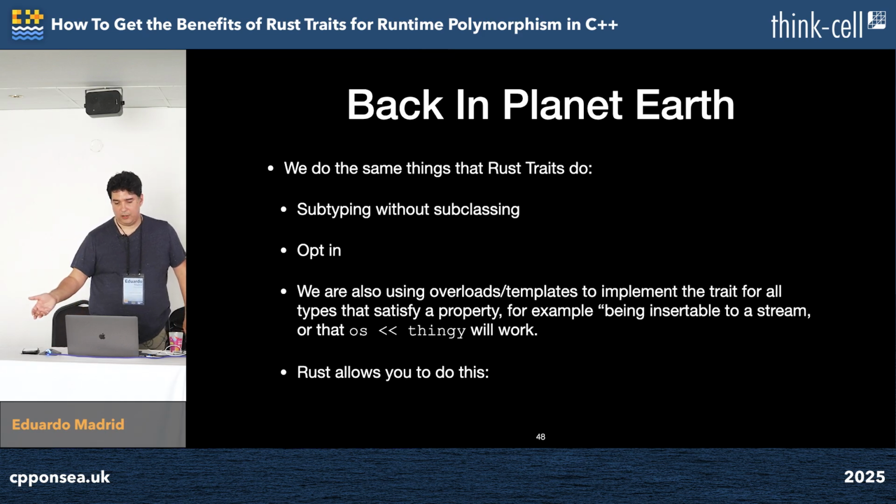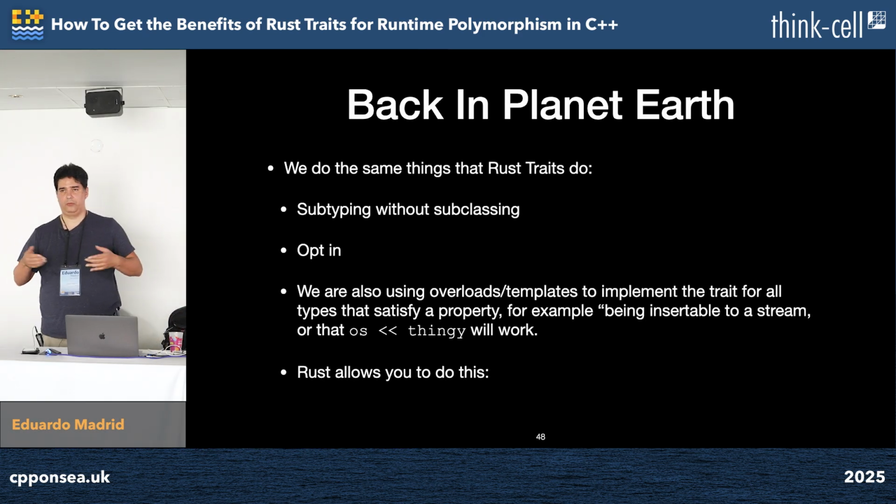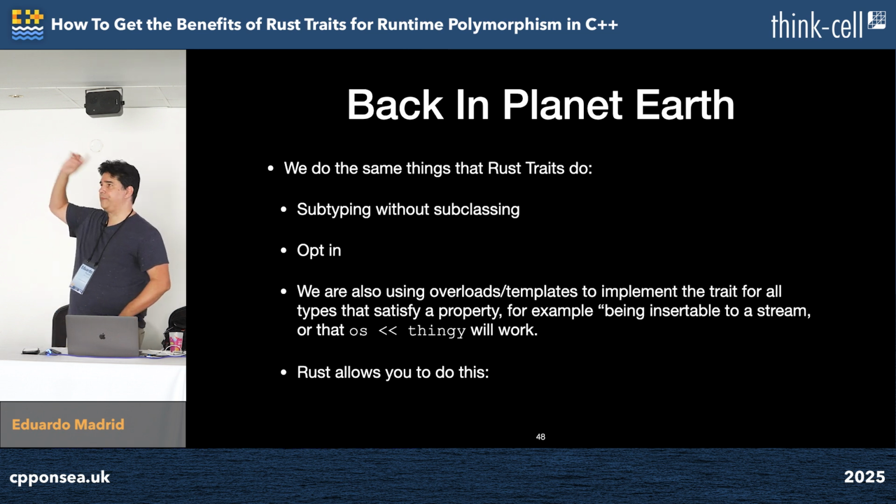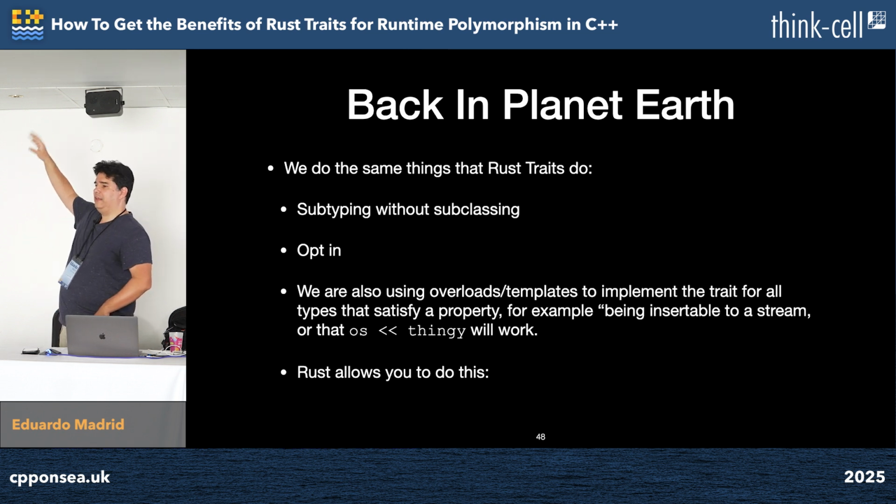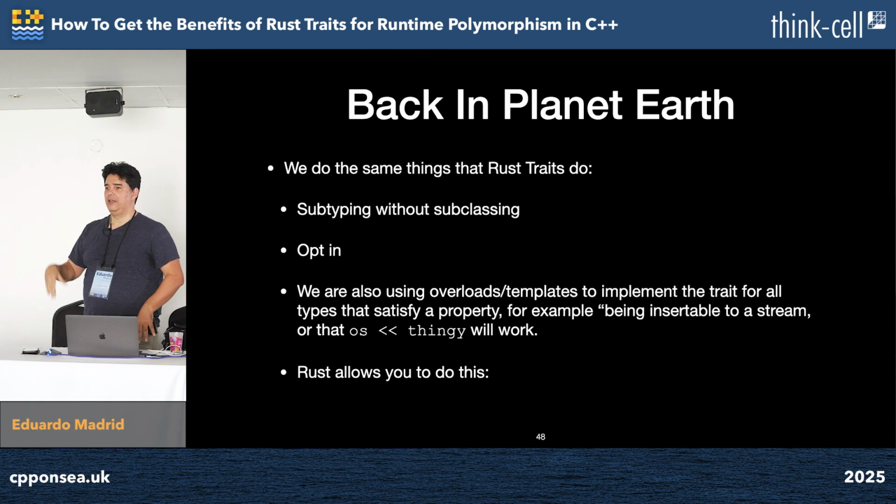We do the same things that Rust traits do. We do subtyping without subclassing. This is opt-in. Basically, what we did is to use the serialize implementation for T, invoking such a function. And that's going to work if the thing is able to be inserted in an output stream.